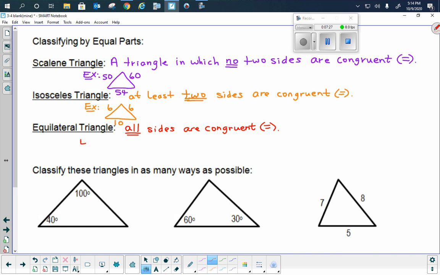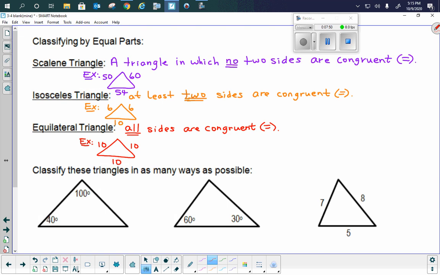Okay, so for example, I could just have all the lengths be 10. 10, 10, 10. Again, if you're analyzing, does that make up a triangle? Well, the two smaller sides are supposed to add to be greater than the third, so you could be writing 10 plus 10 is greater than 10. And yes, 20 is greater than 10. So those do make up the sides of a triangle.